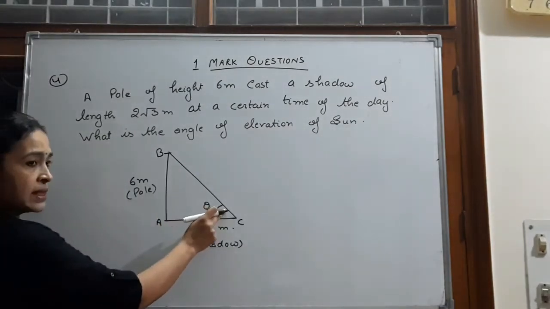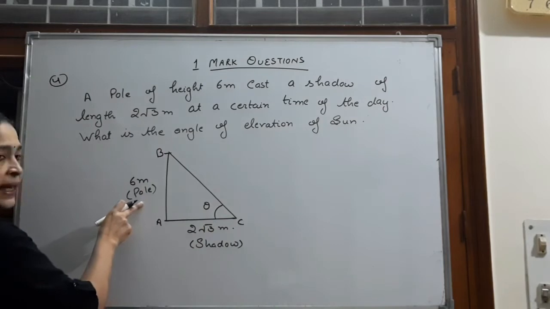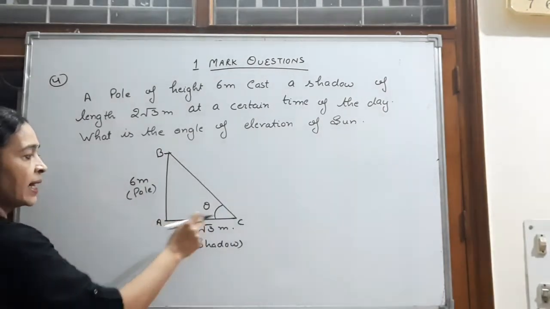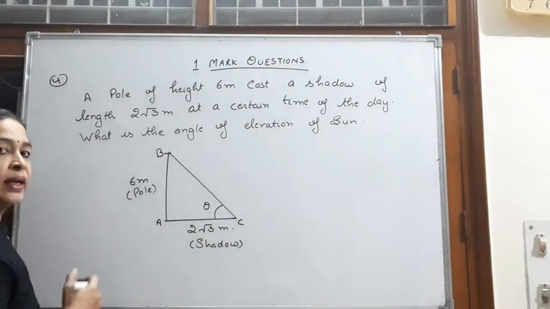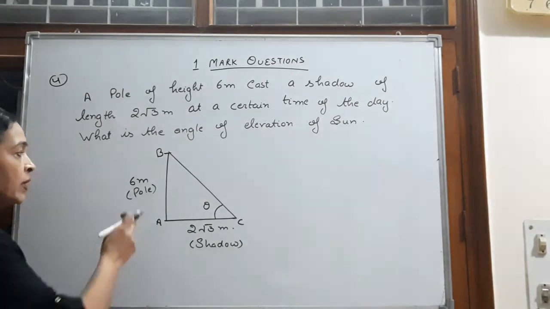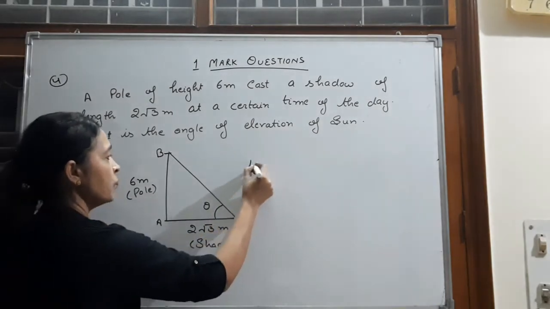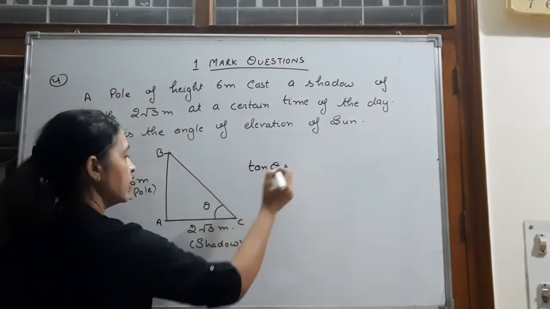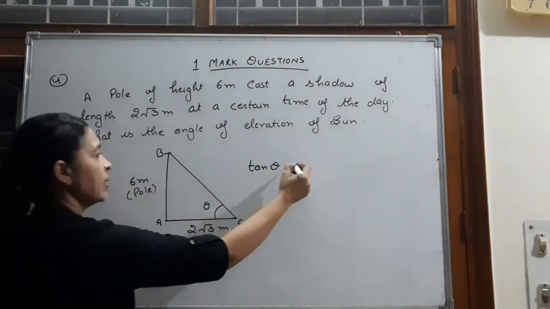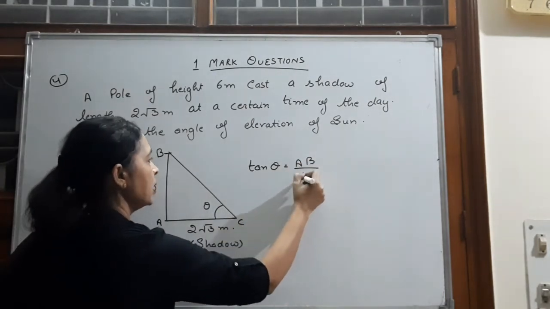Now, for this angle theta, side AB is the opposite side and side AC is the adjacent side. In which trigonometric ratio do we use opposite side and adjacent side? Tan. Therefore, tan theta equals to opposite side AB upon AC.